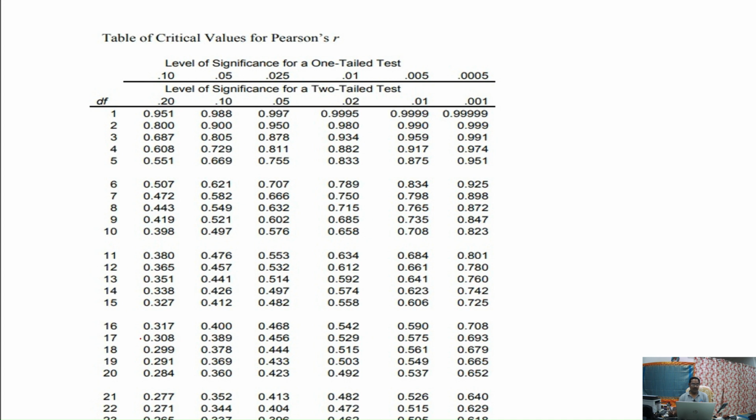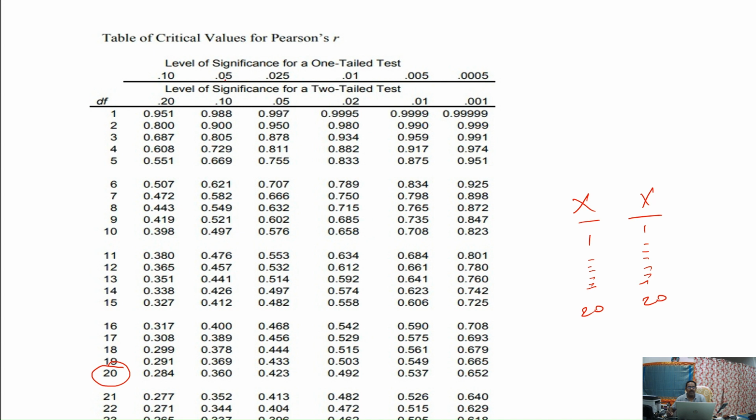Suppose we have taken 20 samples, and we look at the correlation between x and y. Here also there are 20 values, and if you go for correlation, the degrees of freedom will be n minus 2, so we'll have 18.